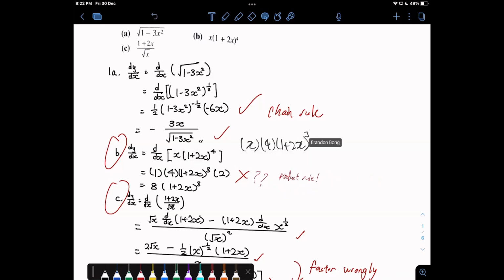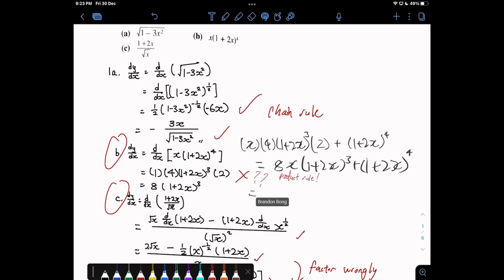I give you more space. Correct, good. And carry on. Very good. Differentiate x, you get a 1, so you don't need to write the 1. Good.